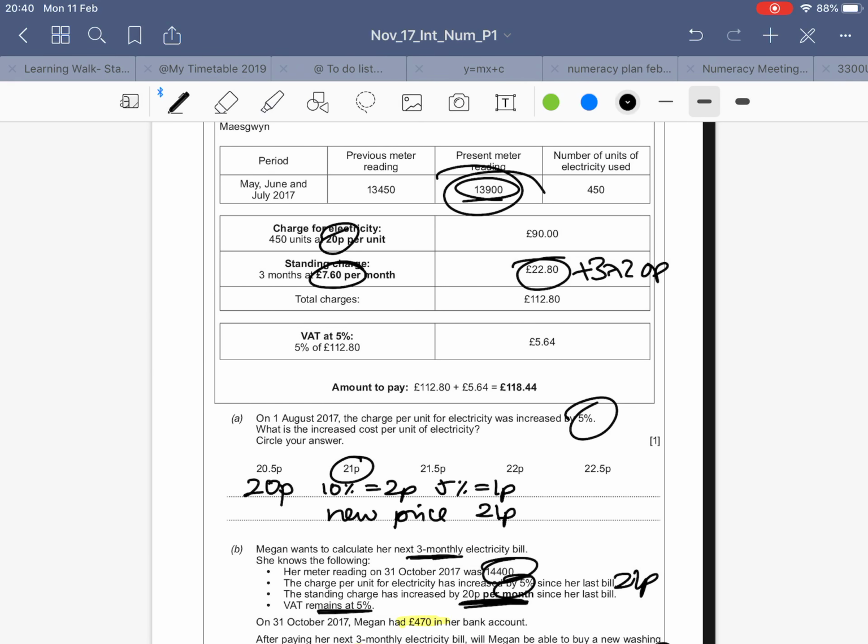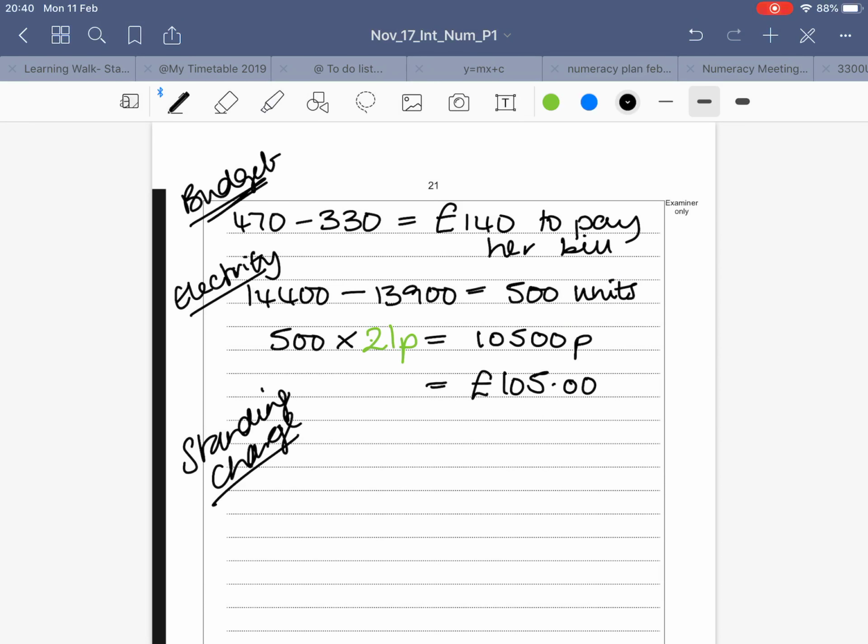So it was £7.60 plus an extra 20 pence that was mentioned. So £7.80 for 3 months, £22.80 if it hadn't gone up, an extra 60 pence because it had. So the standing charge is now going to be £23.40.